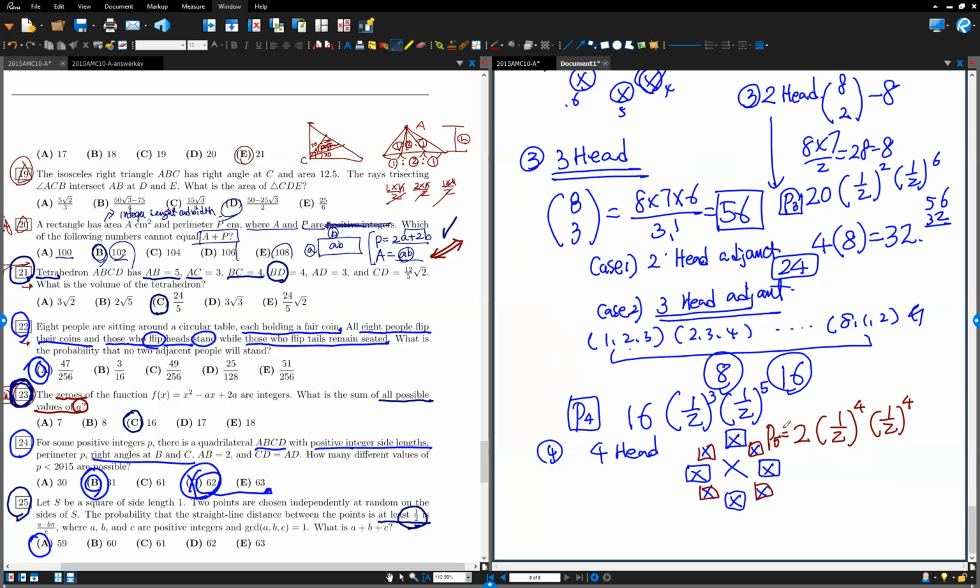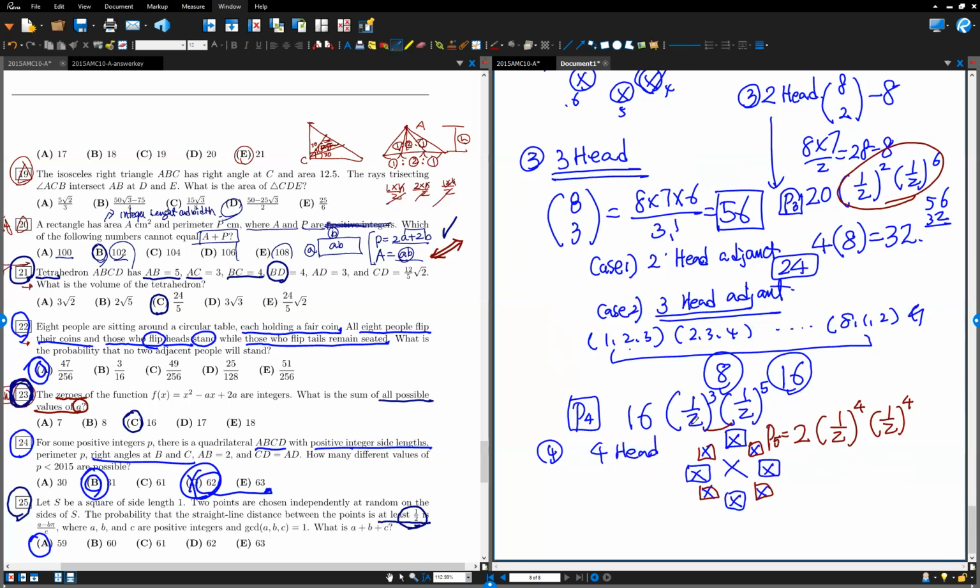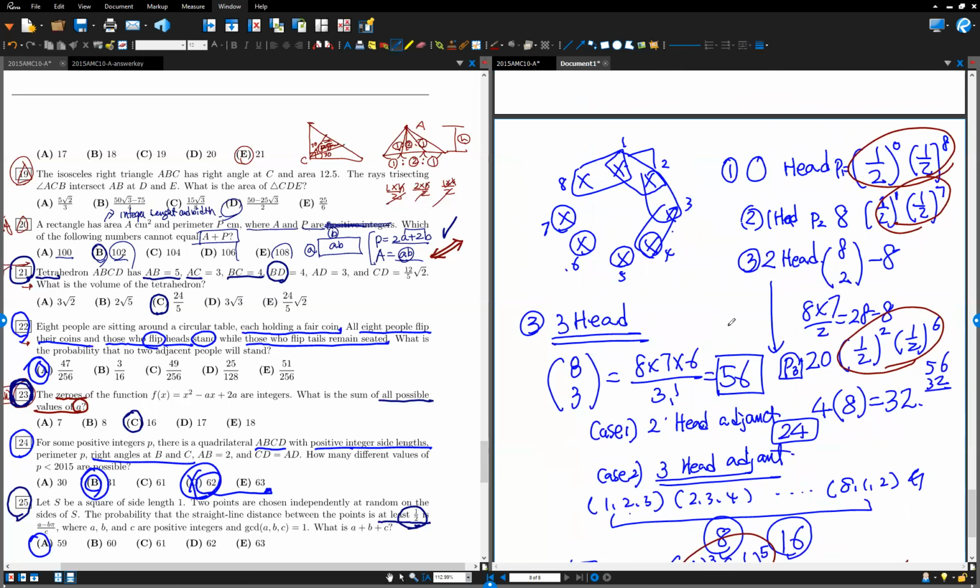So we can add more, right? Take a look here. When you multiply, this is always 1 over 2 to the 8, because it's the same number. This is also 1 over 2 to the 8, right? Okay, same number. So you can add this: 1 plus 8 plus 20.